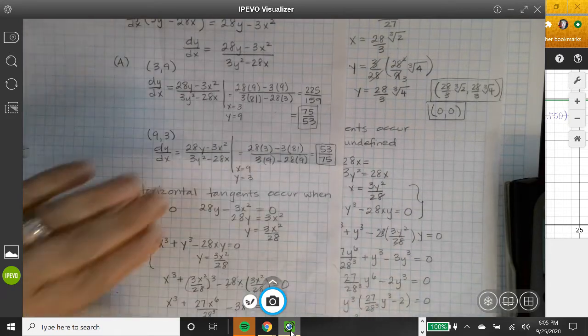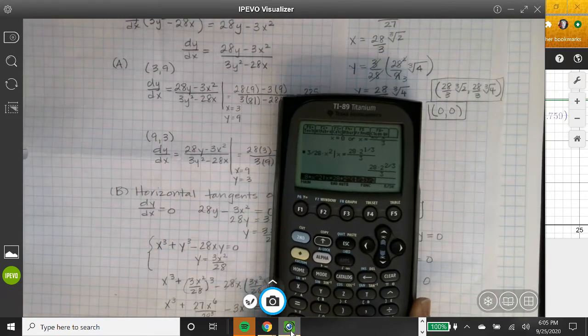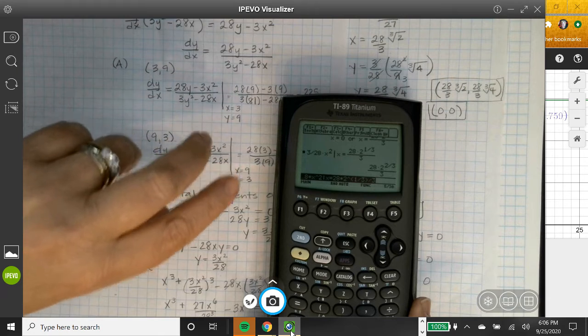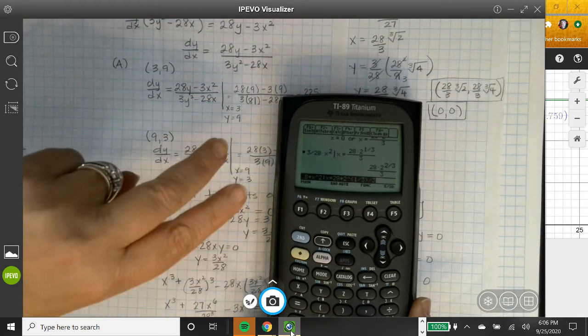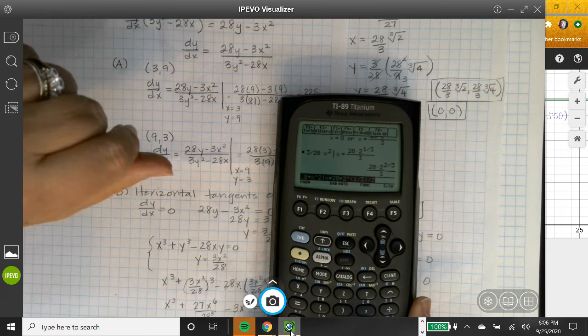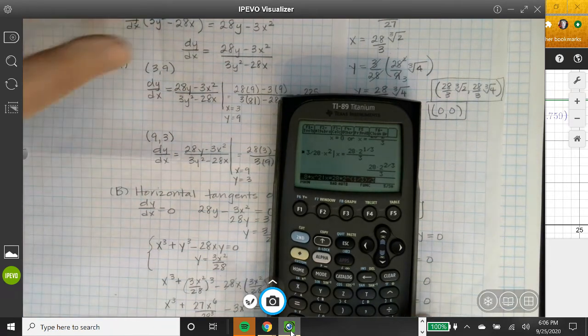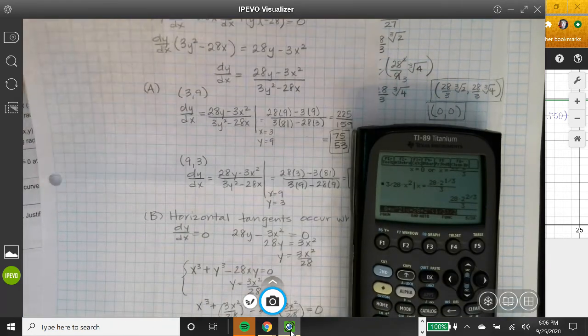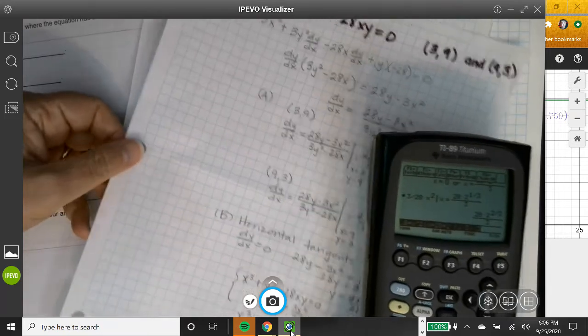Now I'm going to stress to you that you need to be able to solve this both with the calculator and without, because you don't know what section this is going to be on, whether it's on the calculator section or the non-calculator section. So that's pretty awesome.